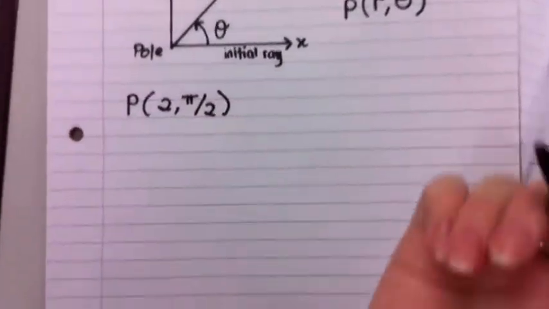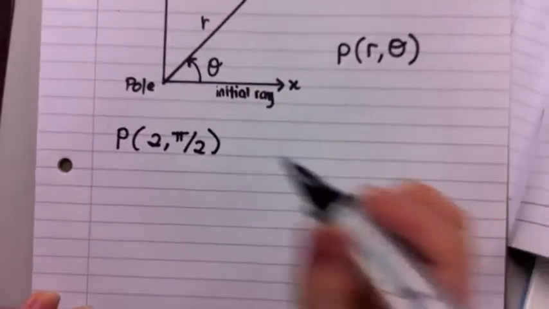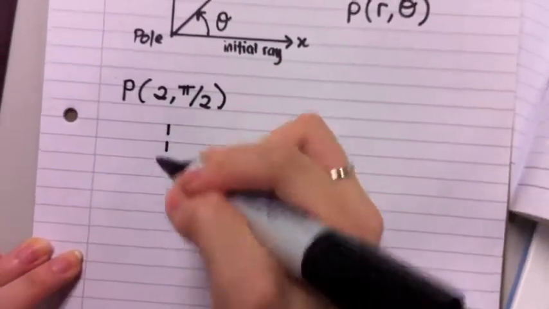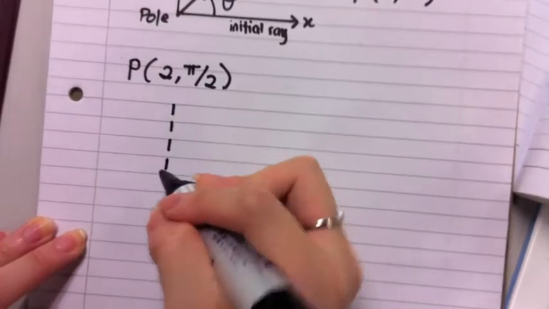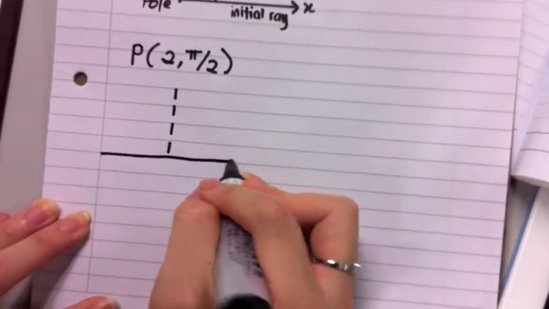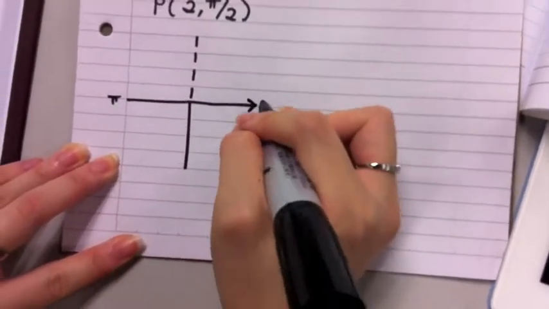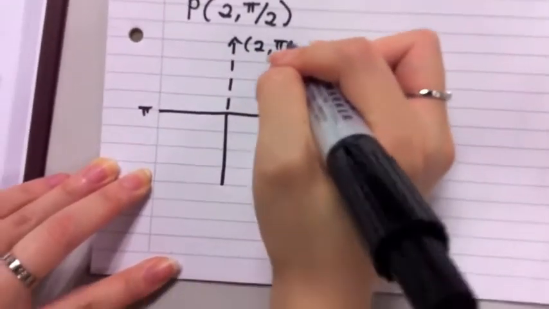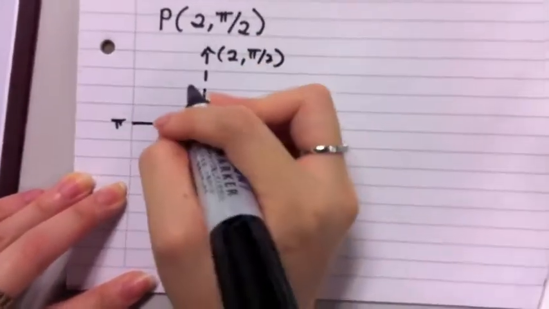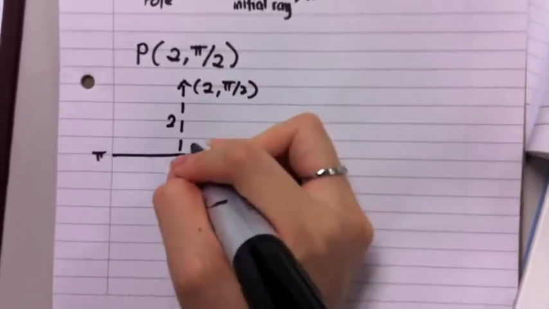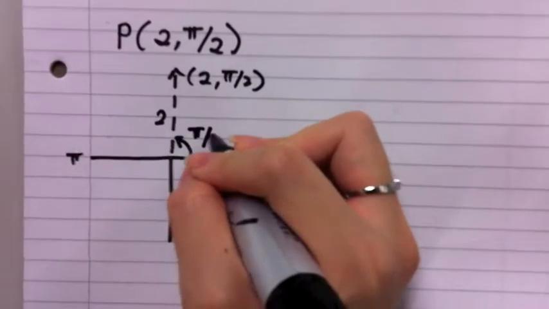Other ways of writing this: first of all, you have to draw out your plane. Here, this being 2, from here to here is pi over 2.